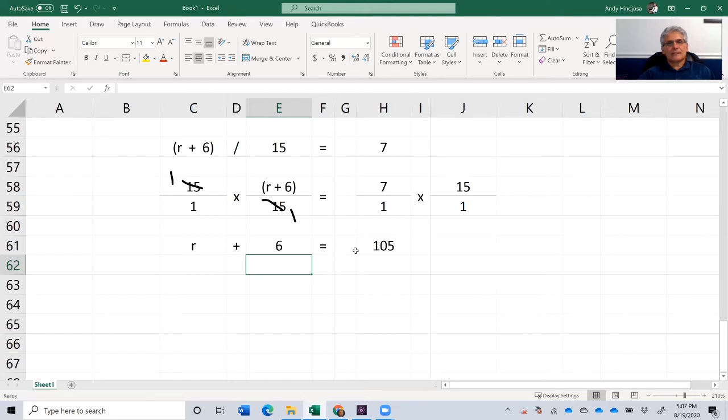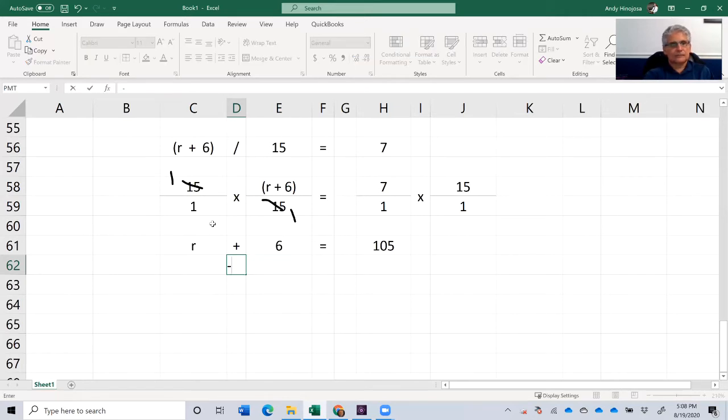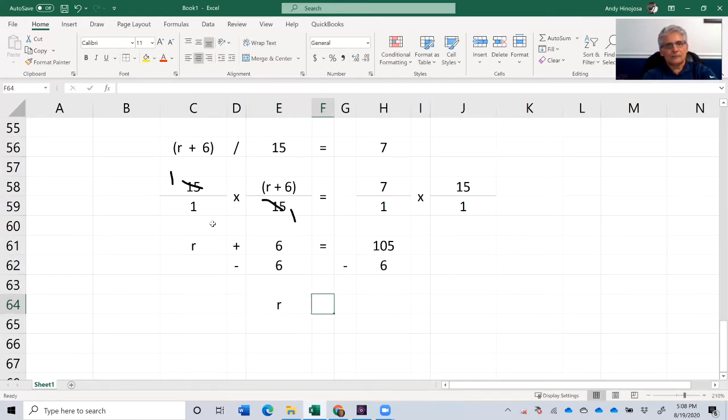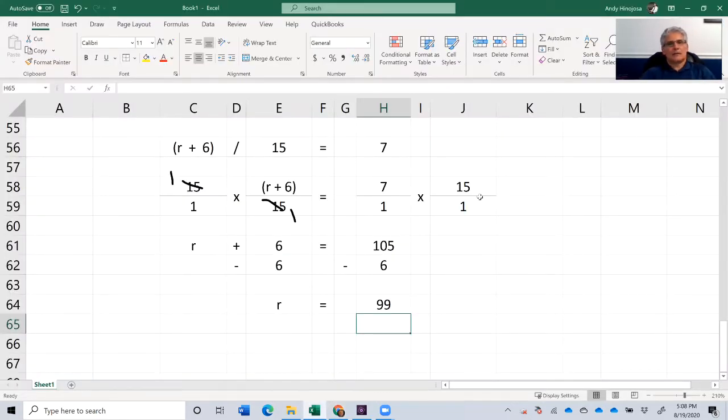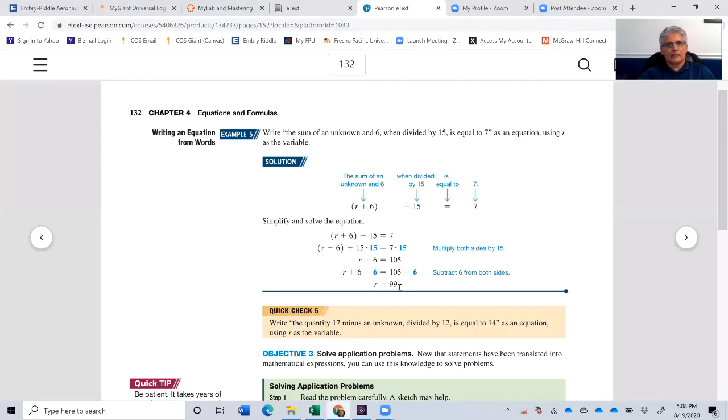So with r plus 6 equals 105, now we don't need the parentheses anymore. We still want to isolate the r, so to do that we'll subtract 6 from both sides of the equation, and then r is equal to 99. Very good.